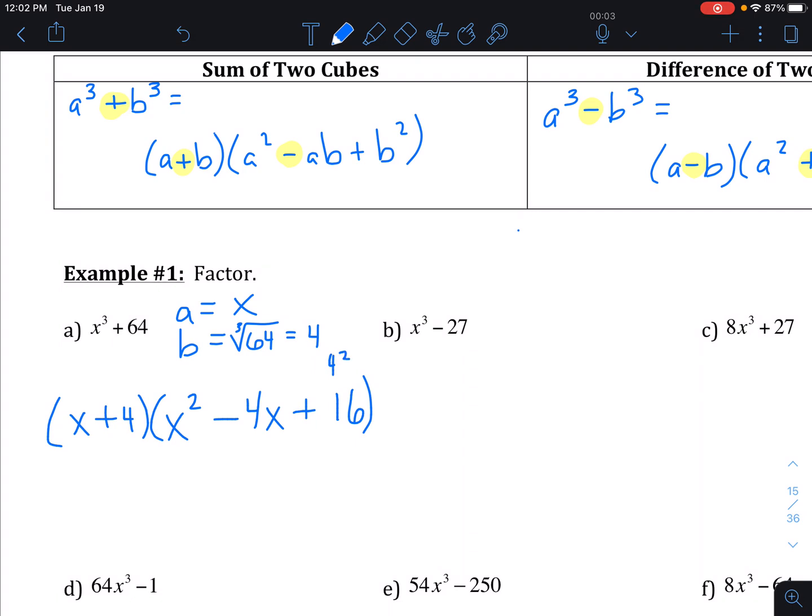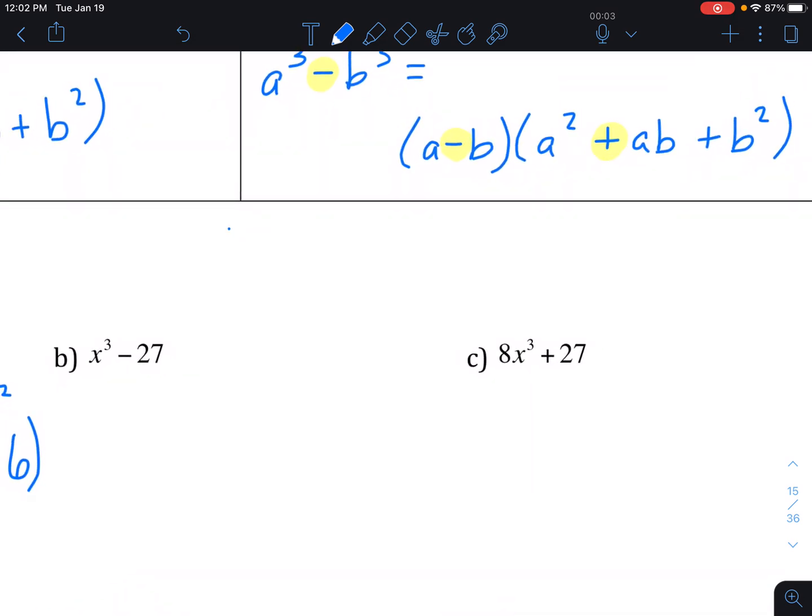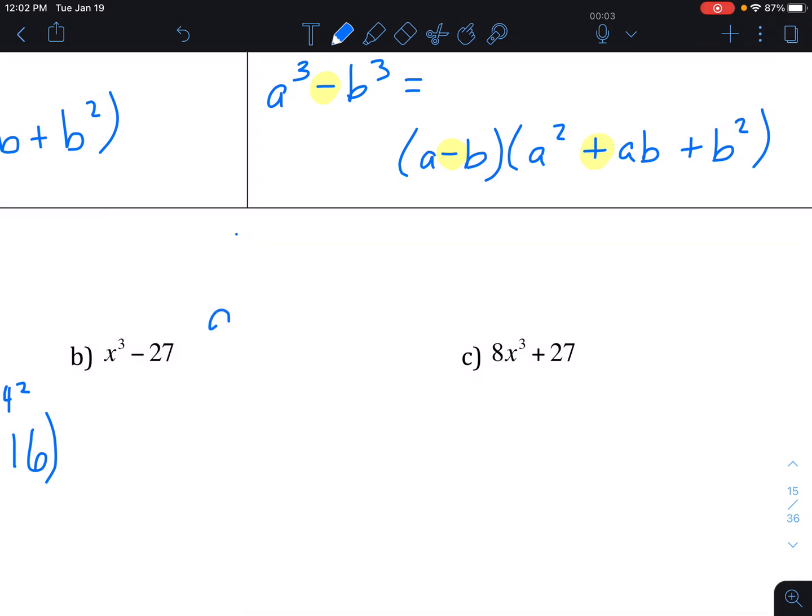Okay, let's try another one. This one's a difference of cubes. Notice the minus sign. So the A here is x. The B is the cube root of 27, which is 3. 3 times 3 times 3 is 27. So I'm going to use x and 3 to go into my formula.